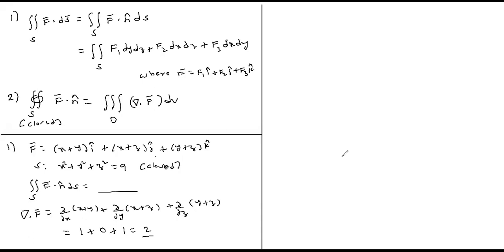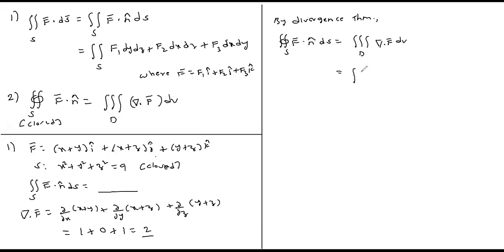And because it is a closed surface, now I can apply the divergence theorem. So by the divergence theorem, the surface integral over S of f bar dot n bar ds is equal to the triple integral of del dot f bar dv over the volume.